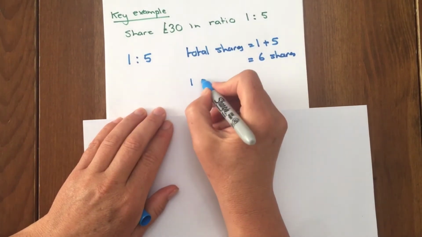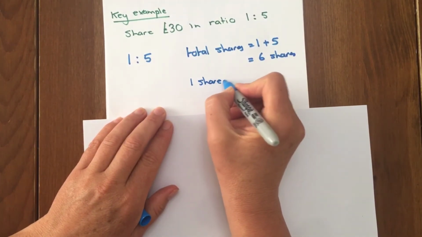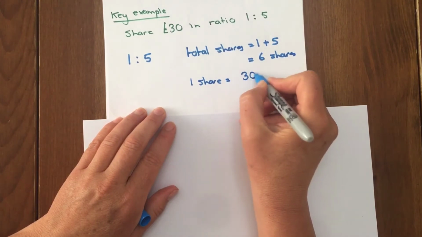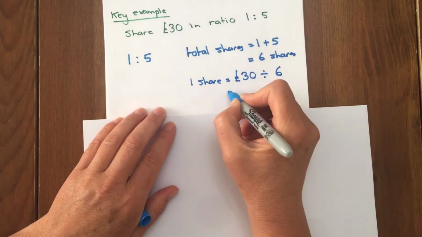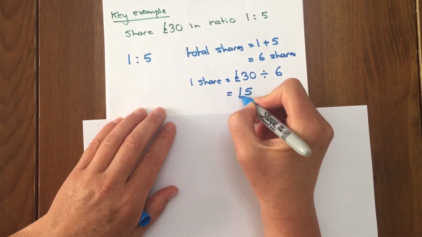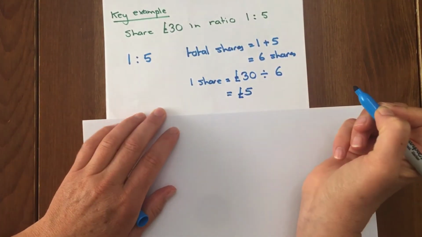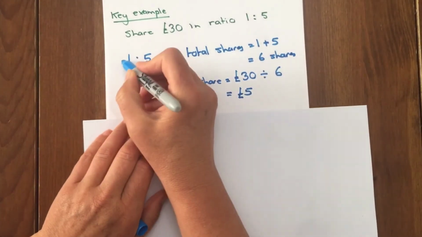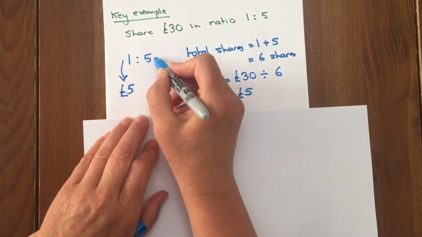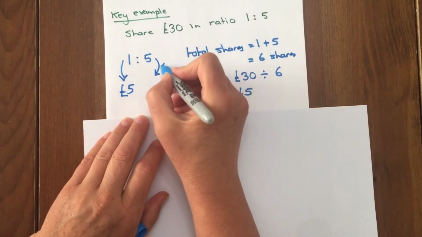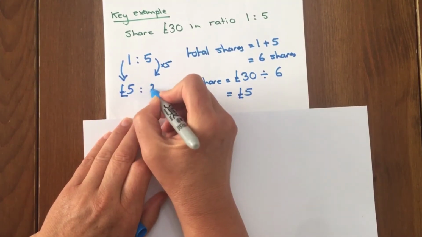To work out what each share is, I get the total amount of money and I divide it by all the shares. 30 divided by 6 is £5. So 1 share is equal to £5 and 5 shares is equal to £25.